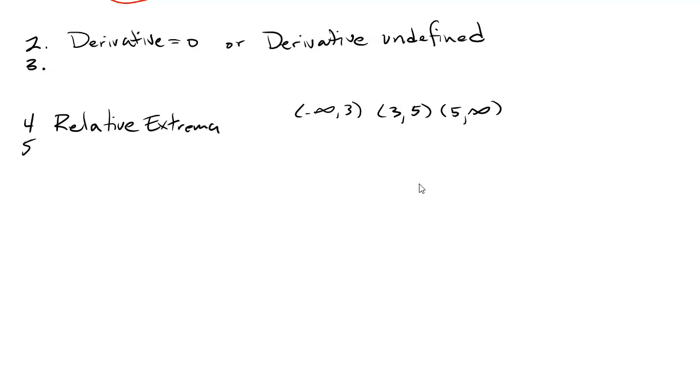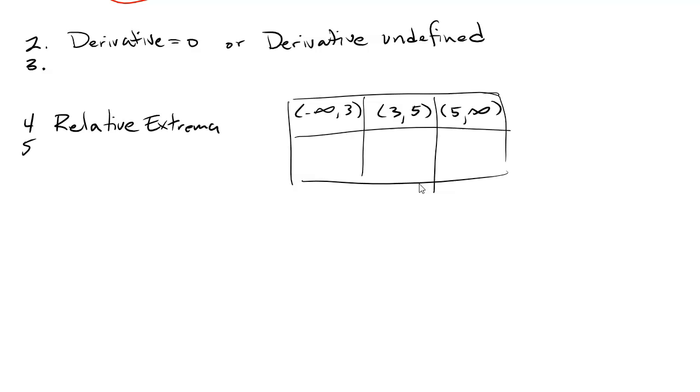Let's say you had a function that had critical numbers at 3 and 5. This would be similar to what the table would look like. But when I wrote the question, Schoology doesn't allow you to make a number line, but Schoology does allow you to make tables.